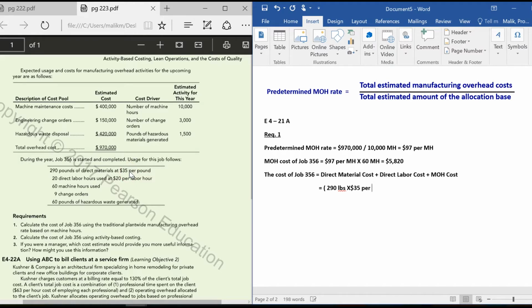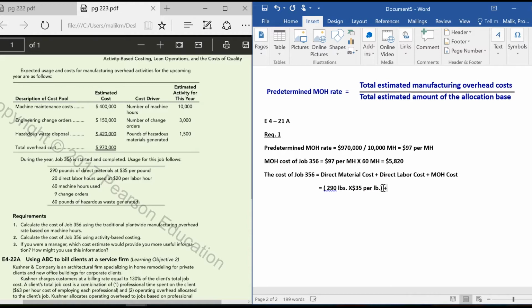That means it will be 290 multiplied by 35. I can write LB for pounds. So this is our direct material cost.